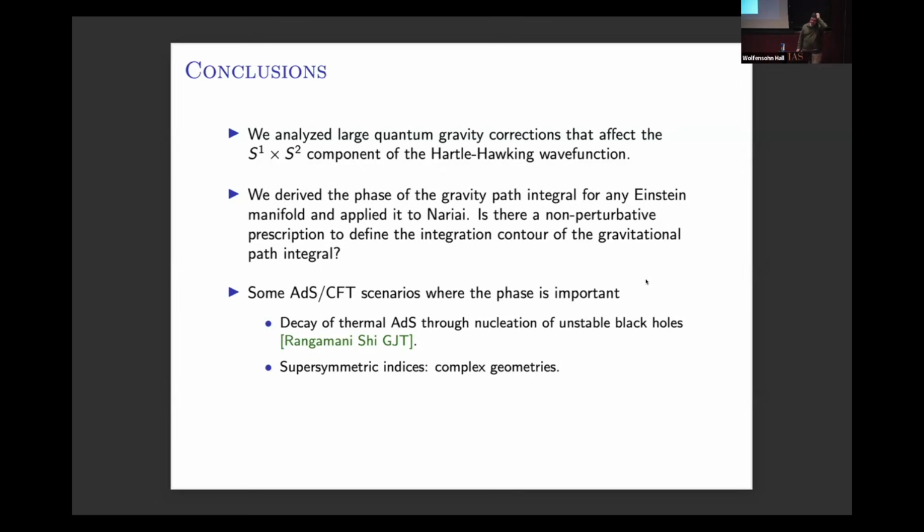So we really have complex geometry. Then the one-loop determinants will a priori be complex, but on the dual side, we know that these indices would be real and could be positive or negative depending on whether most of the states are fermionic or bosonic. So there is a sign that one can compare to the CFT. Anyway, I thought this might be an interesting case study to understand the calculations of the phase a little better, where one can compare to a dual CFT calculation. That's it.